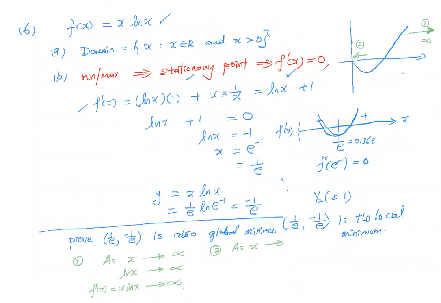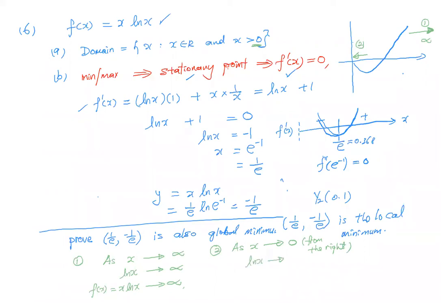Got it? So the next one is as x approaches 0. We know that the domain is here. But it's not 0. And how does it approach 0? From the right. So what happened to ln x?